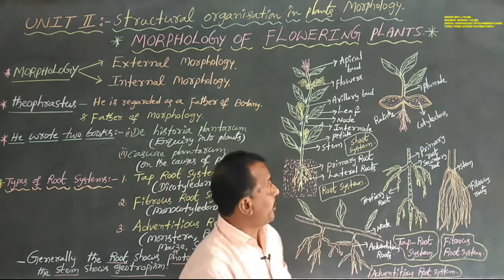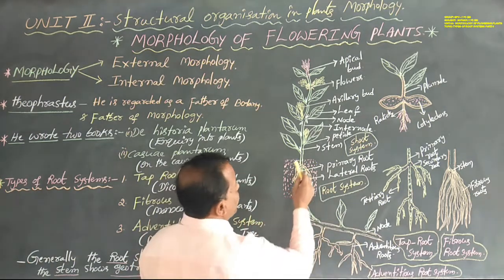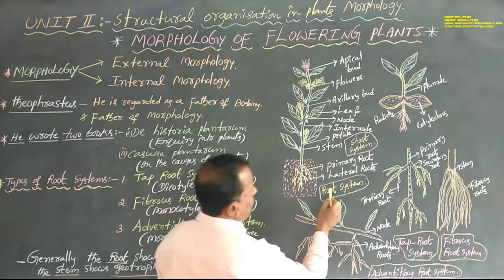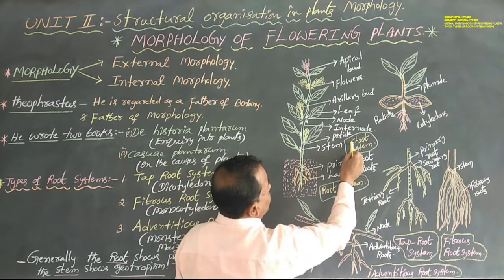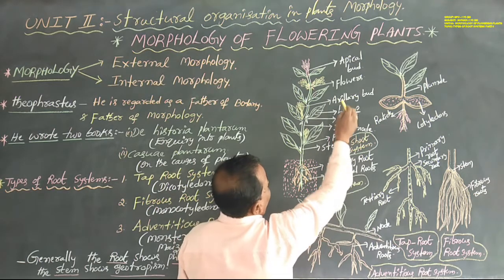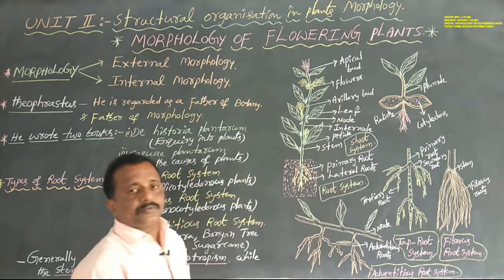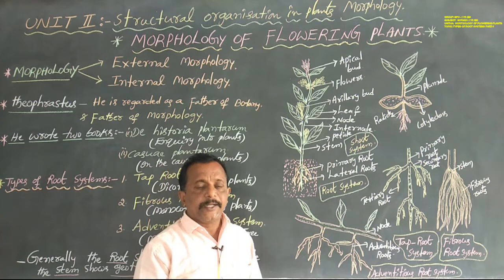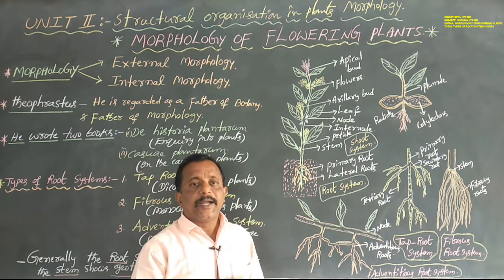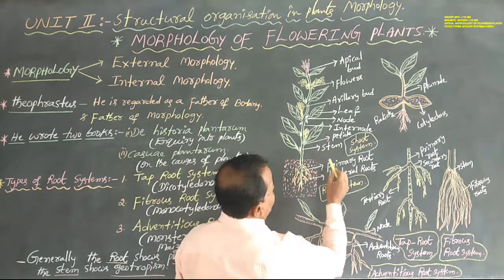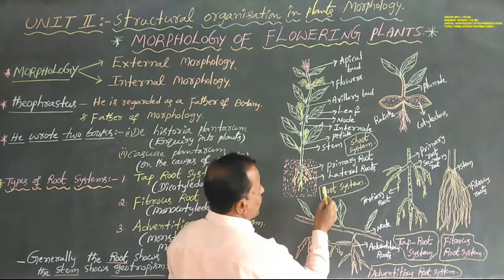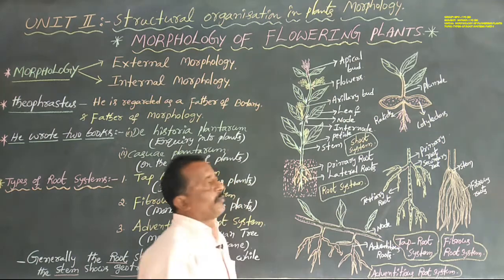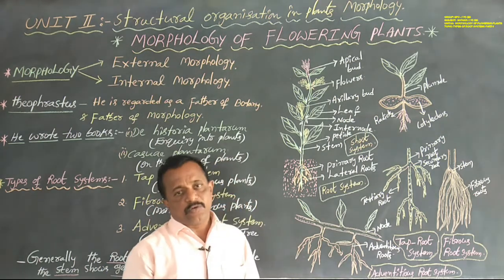It deals with the study and description of external characters of plant organs like root, shoot or stem, leaf, buds, flowers and also fruits. That is called external morphology.